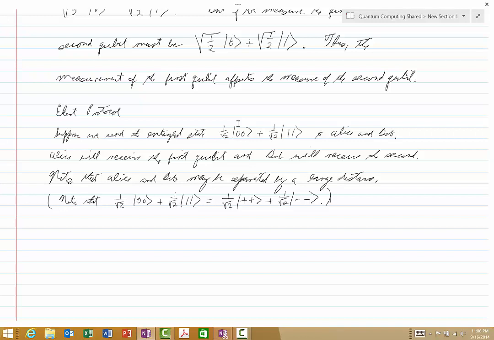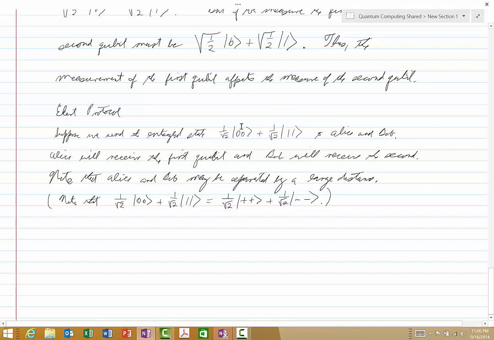And therefore, with the Eckert protocol, what would happen is, in establishing a quantum key, we would have some third party send this entangled state to Alice and Bob, and Alice and Bob randomly now will use either the Hadamard basis or the standard basis to measure these.